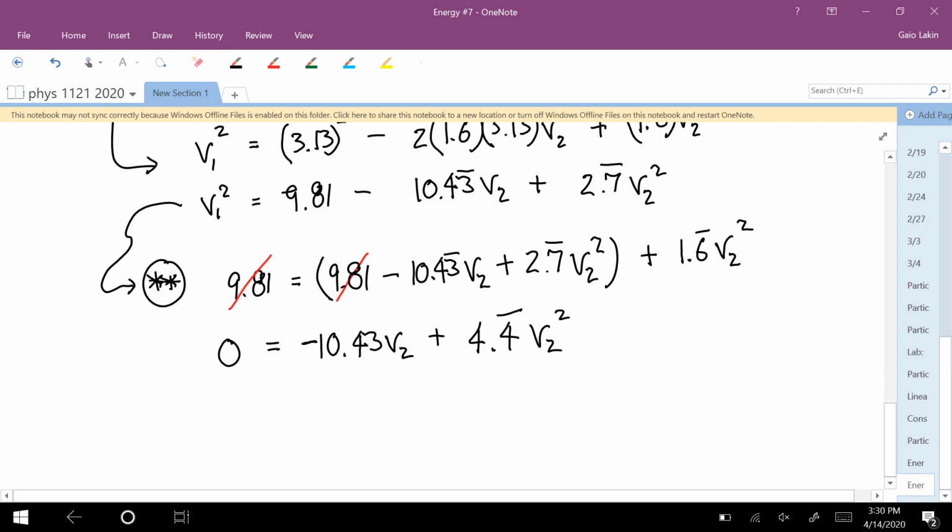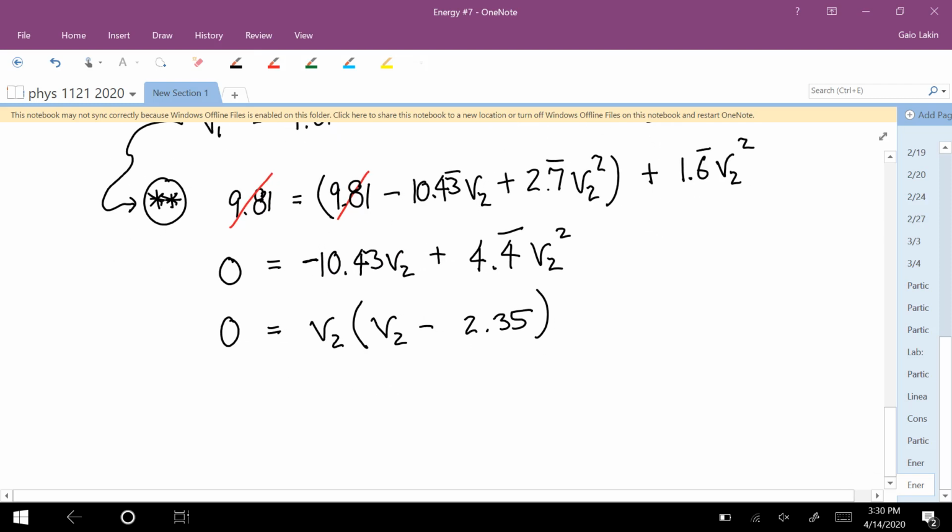Okay, and now you can solve this by factoring: 0 is equal to v2 times the quantity v2 minus 2.35, let's call it. The only roots are if v2 is 0 or the stuff in parentheses is 0.